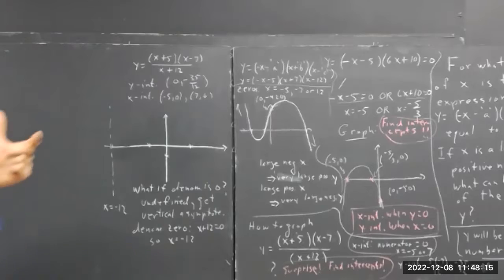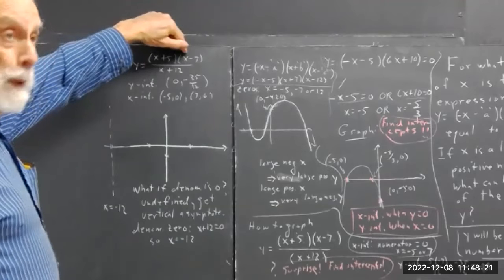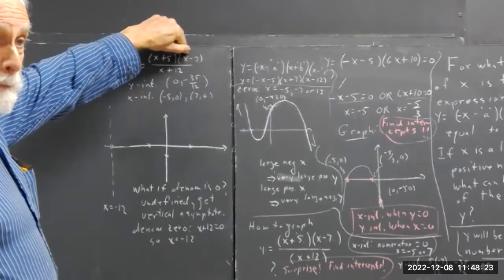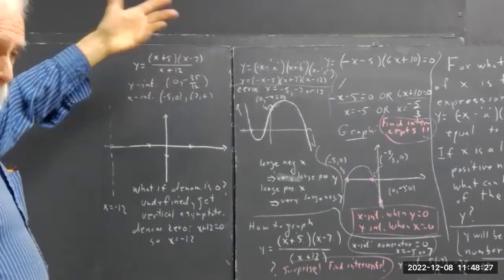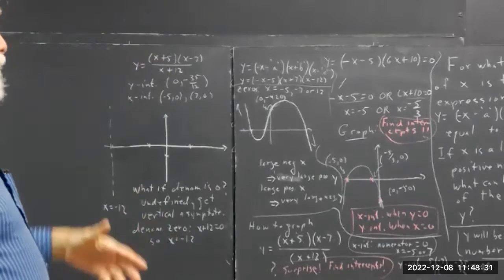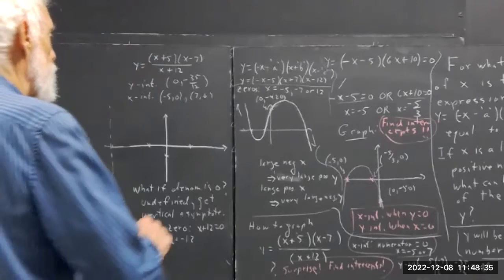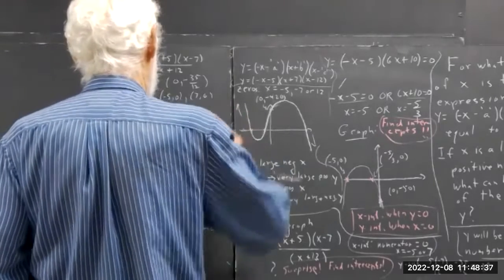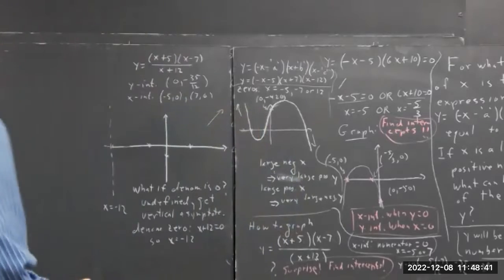Now, what about large x behavior? Well, if x is a big positive number, we've got two big positive numbers in the numerator and just one big positive number in the denominator, which means we're going to get a big positive number. Okay. So do this.